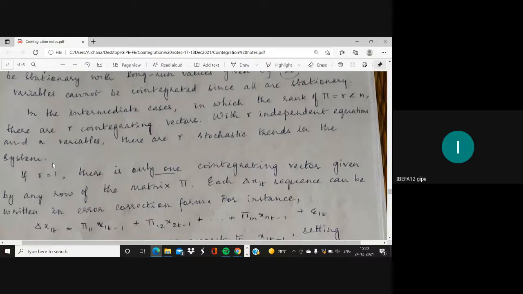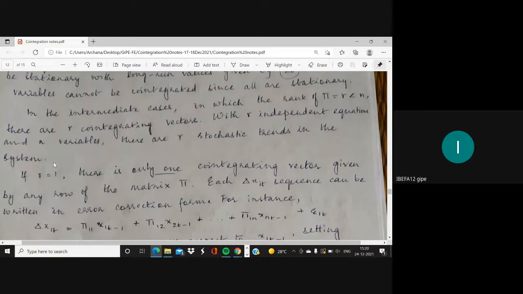Remember that in the previous class, when we were discussing the Engle-Granger test and so on, we discussed how co-integrated variables generally share a common stochastic trend. The co-integrating vector will be such that it removes that common stochastic trend from the equilibrium relationship of those variables. It purges the variables of that common stochastic trend, and then you are able to find that they share some sort of an equilibrium relationship.